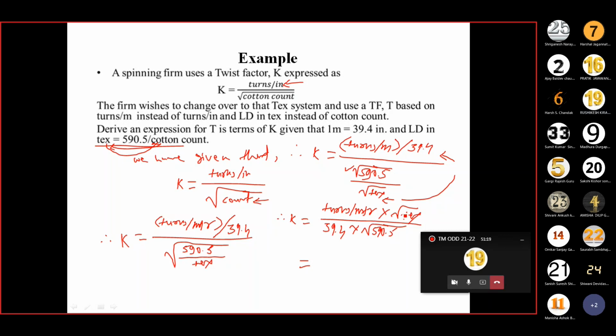In the tex system, I will use twist factor as T. So K is equal to T upon 39.4 into square root of 590.5. You solve this and tell me the answer of 39.4 into square root of 590.5.